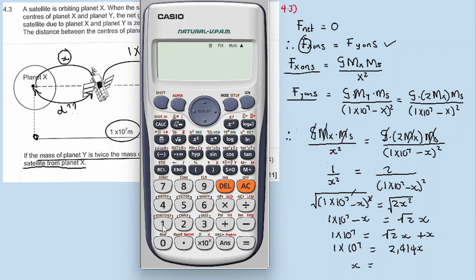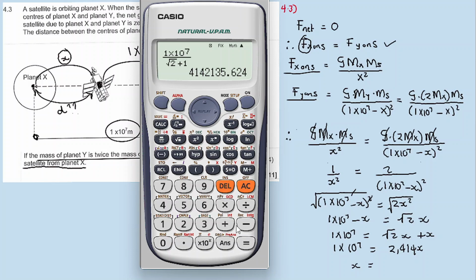Interesting. Okay, how about this: 1 times 10 to exponent 7 divided by (square root 2 plus 1) equal to, it's the same thing.